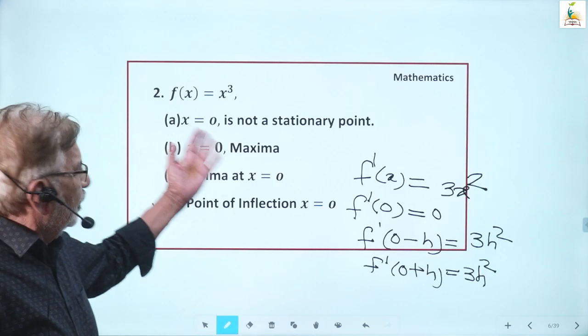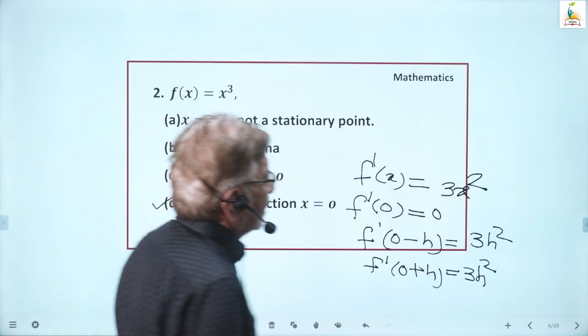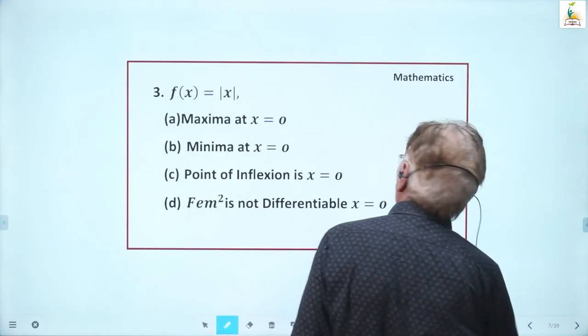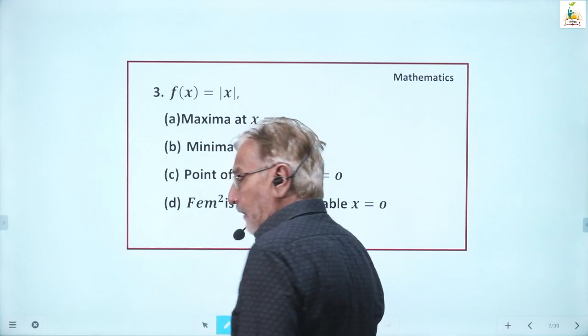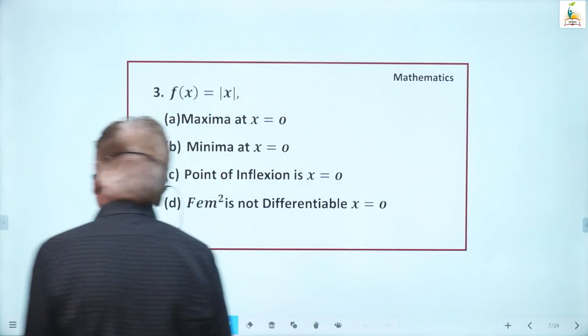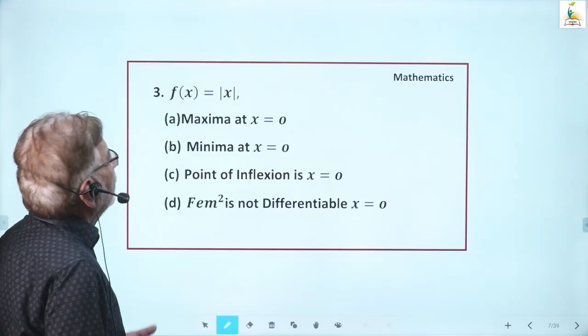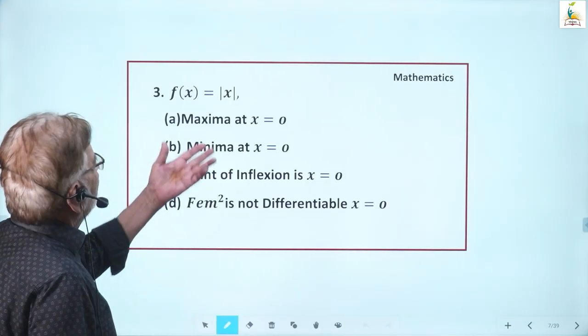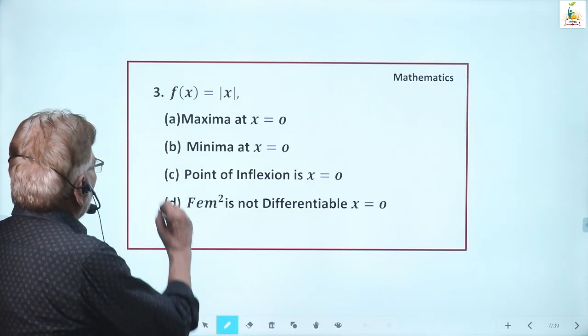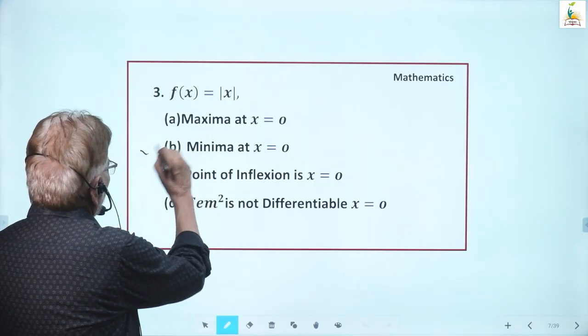This is a good question. So let us see the next question. f(x) equal to mod of x. This question I have done: maximum, minimum at x equal to 0.